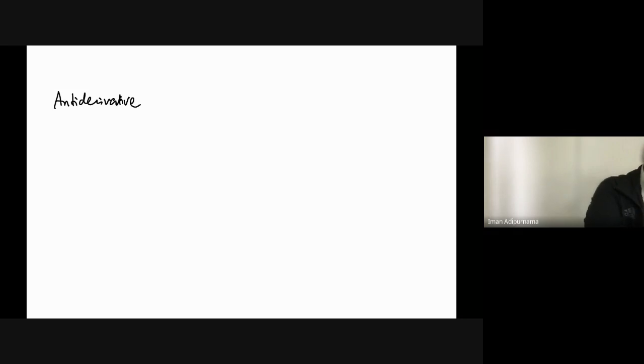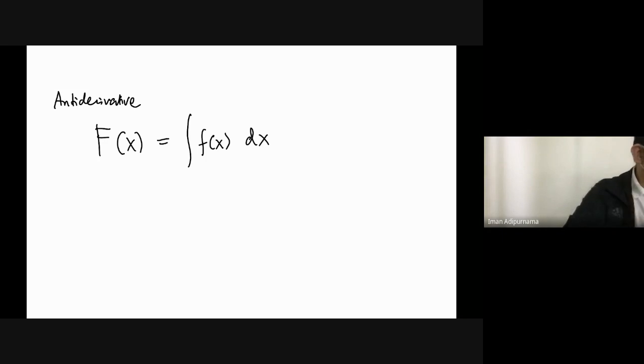Okay, let me introduce you to the integral symbol. Actually, you can also think from the differential, if you remember, dy over dx is f prime of x.